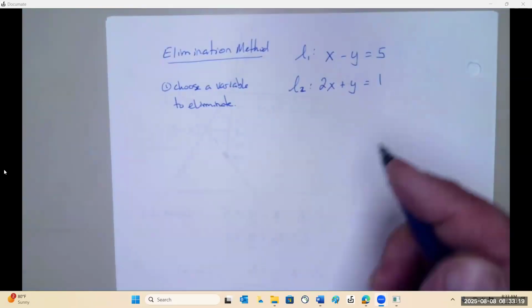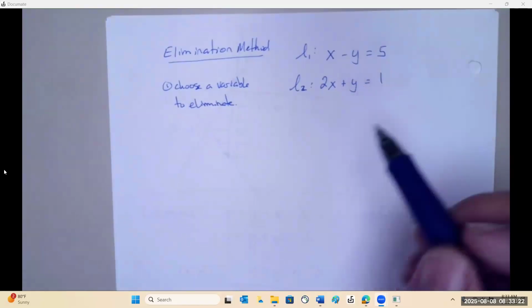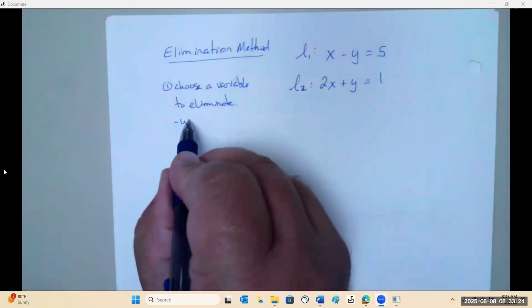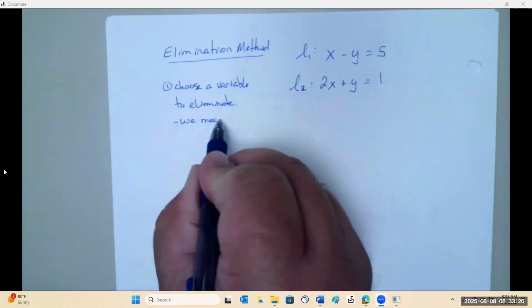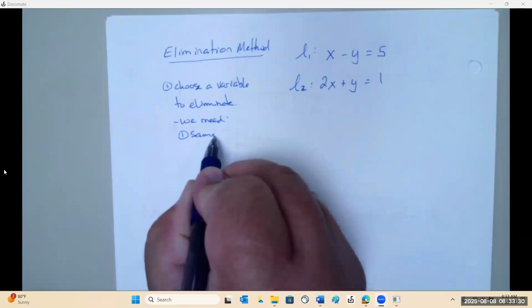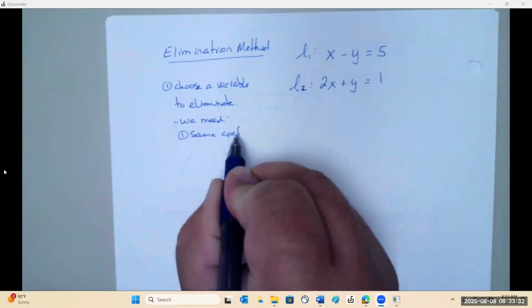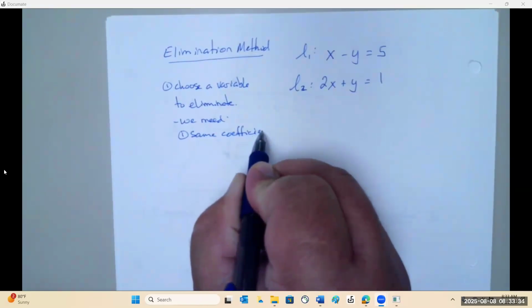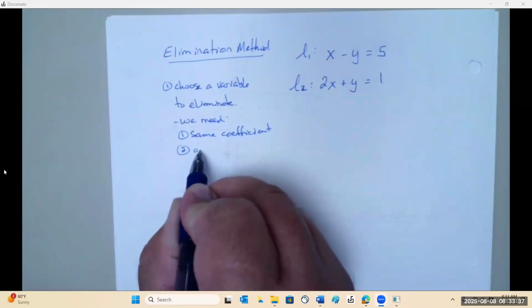In this case, what we need is same coefficients, opposite signs.